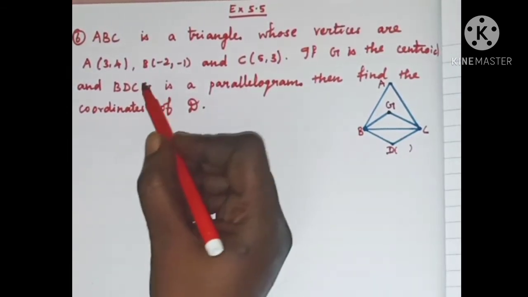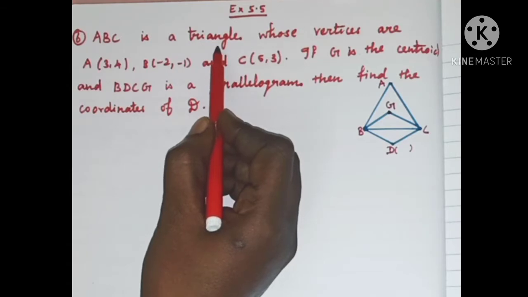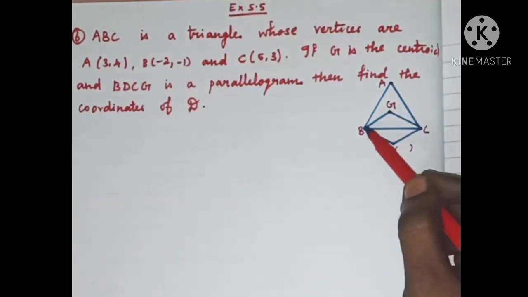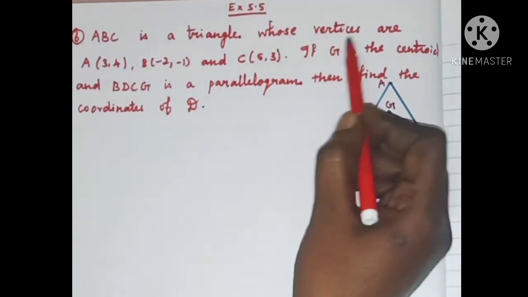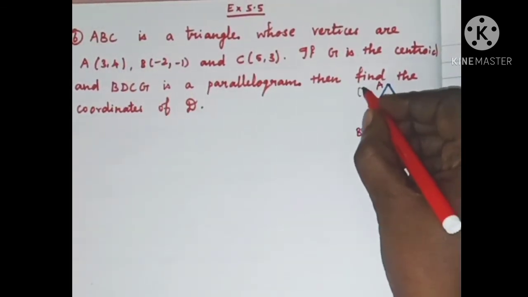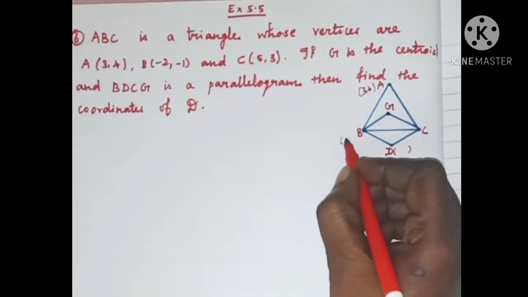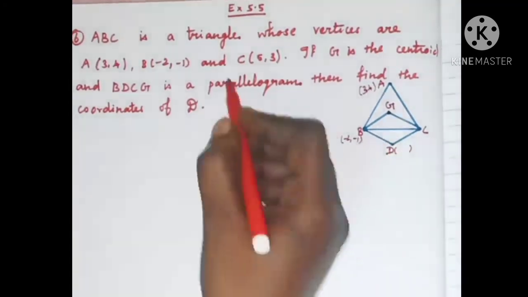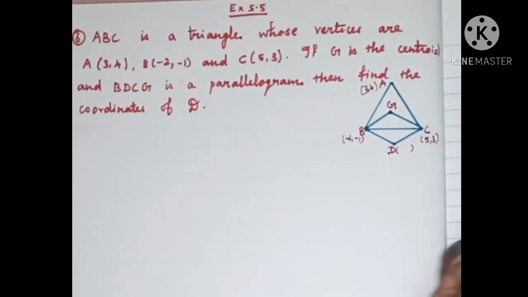Once again, I'll read the question. ABC is a triangle whose vertices are: the point A is (3, 4), the coordinates of B are (minus 2, minus 1) and the coordinates of C are (5, 3).